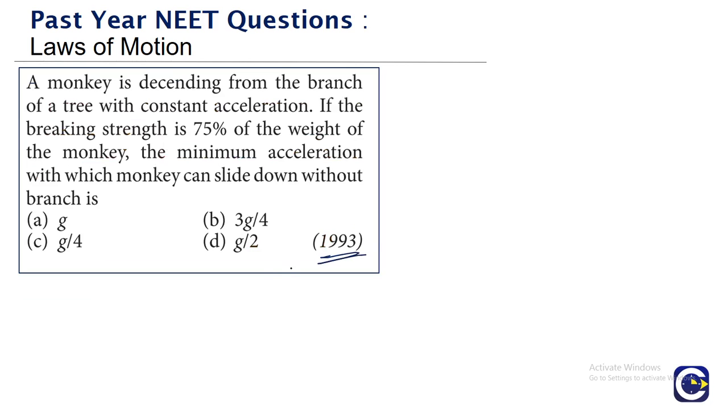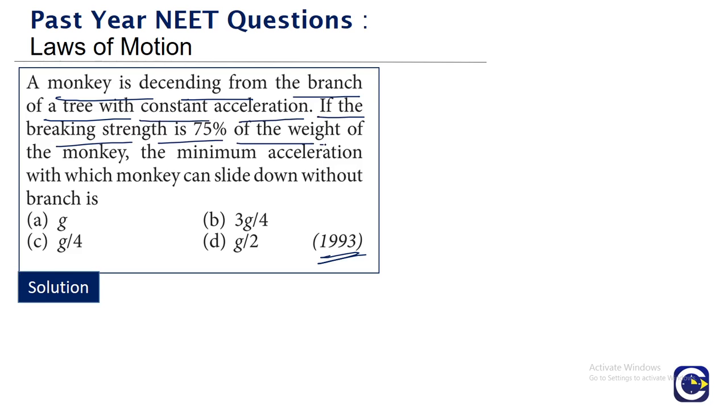Next we have another question based on the tension in the string. A monkey is descending from the branch of a tree with a constant acceleration. Descending means it is coming down. If the breaking strength is 75% of the weight of the monkey, we are talking about the breaking tension in the branch.